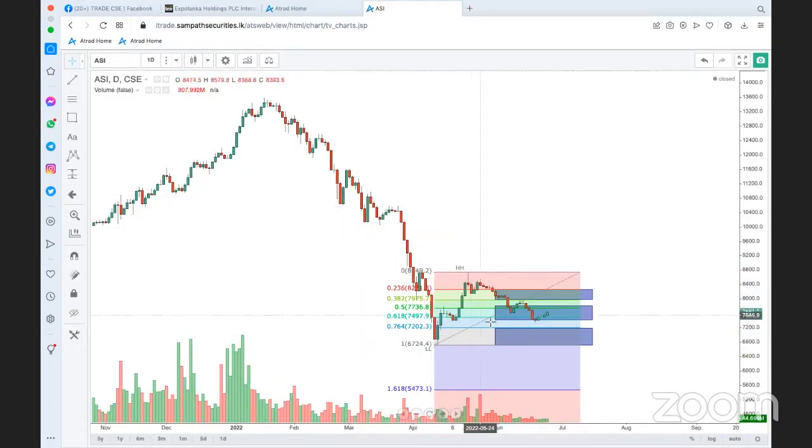As a result of that, when the prices are breaking all this, then I am not concerned about using the same tool to only plot these areas, right? I want to plot areas above this also.